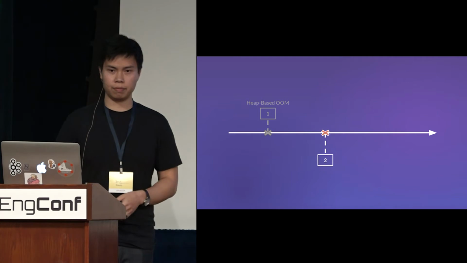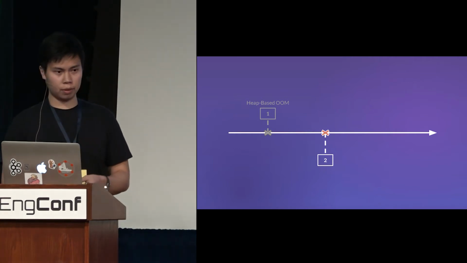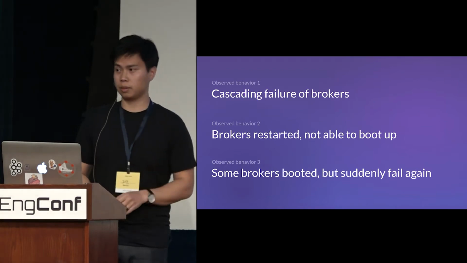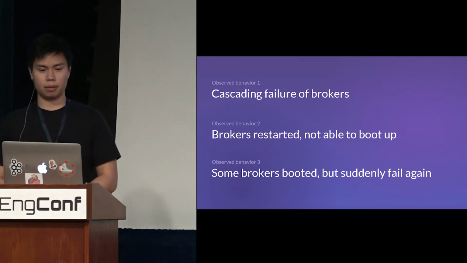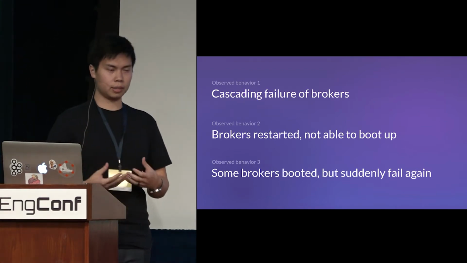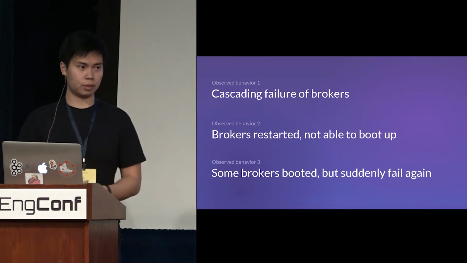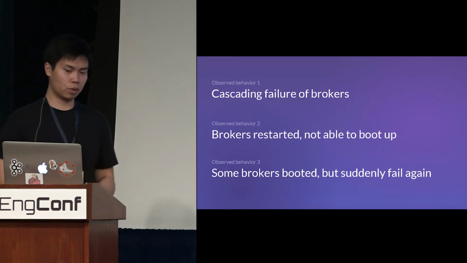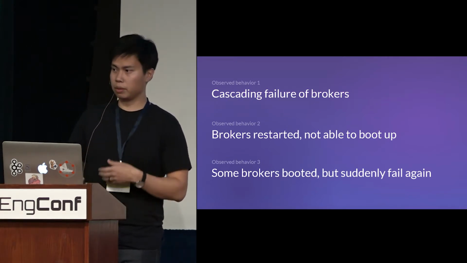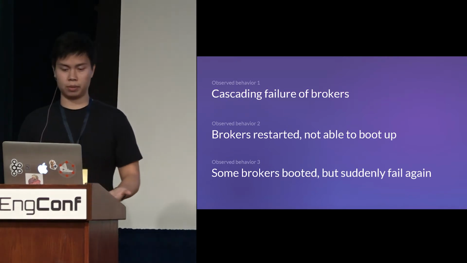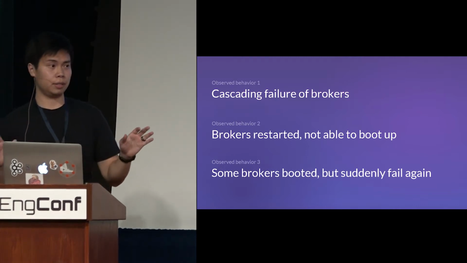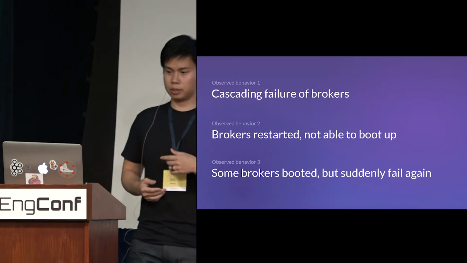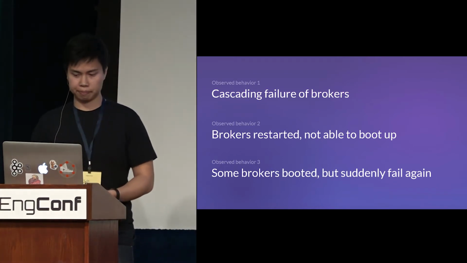Our second issue had a slightly different behavior, so let's take a look at some of the symptoms. First, we were seeing brokers having cascading failures all throughout the cluster. And then we were also seeing that some brokers were being restarted, and when they went to start back up, they weren't able to. However, in some cases, brokers were able to boot up, but then they would suddenly fail again out of nowhere.